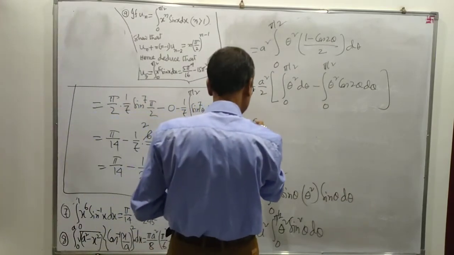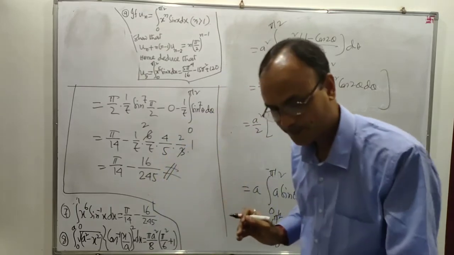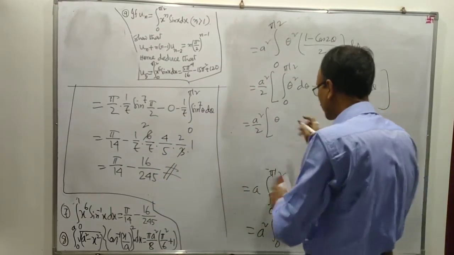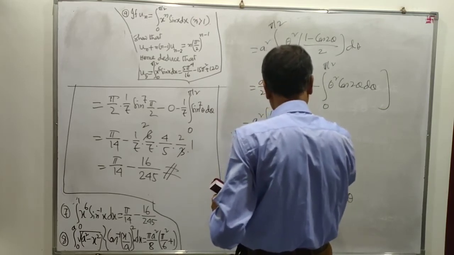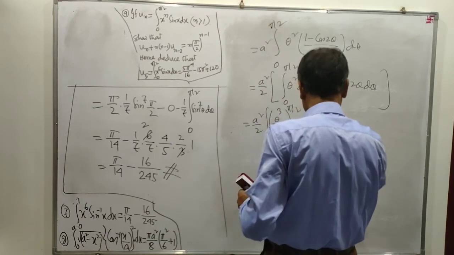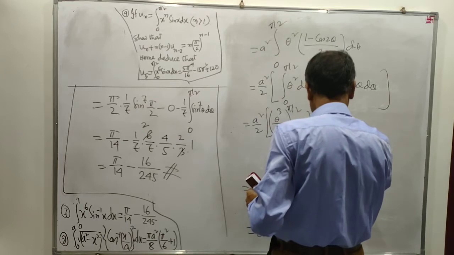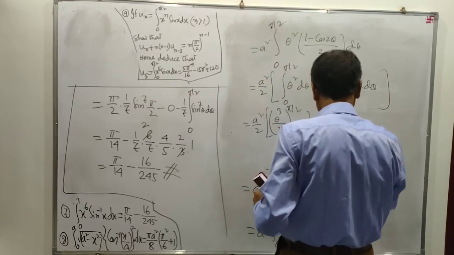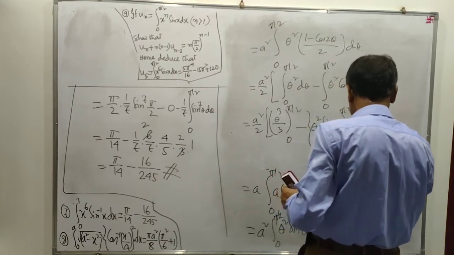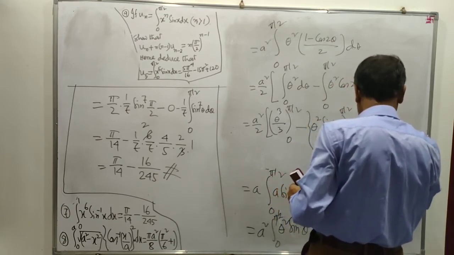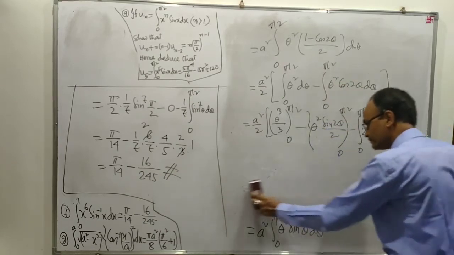This is equal to a square by 2, theta cube divided by 3, 0 to pi by 2, minus, integrating this by parts, theta square into sin twice theta divided by 2, 0 to pi by 2, minus integration 0 to pi by 2 differentiation of this into integration of this.